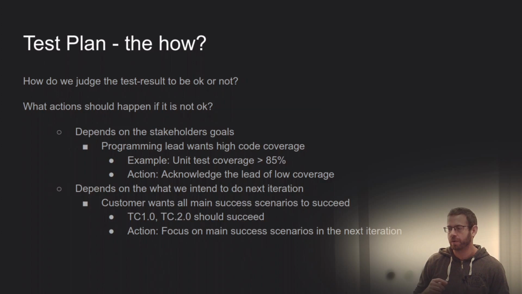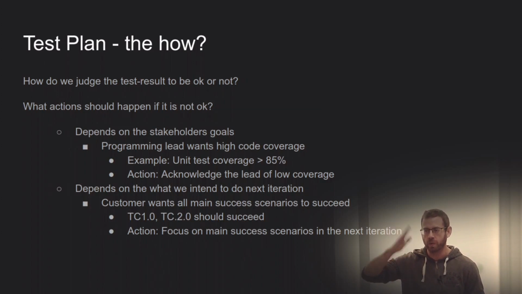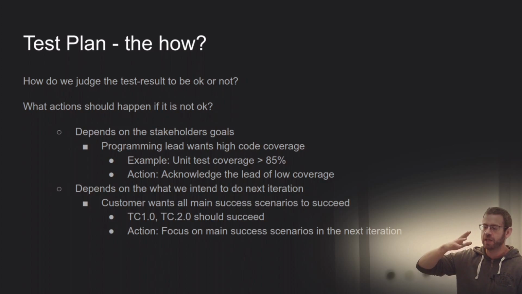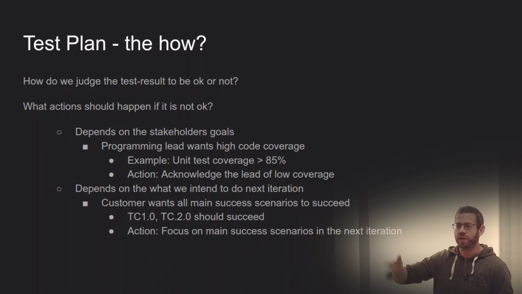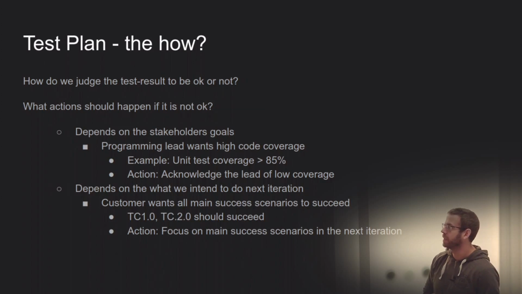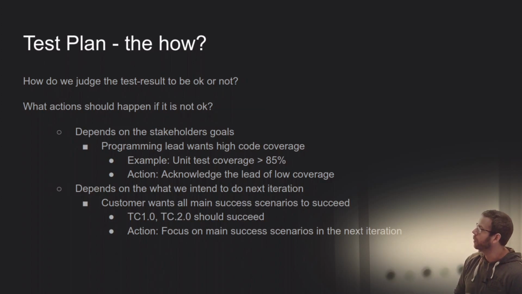If the stakeholders have high-set goals, perhaps there are lives at stake, then we are much stricter on how we interpret 95% of the tests succeeding. Then that's suddenly bad. If the most important test cases are succeeding and we have 95% of the tests succeeding, and it's not a life and death situation, we won't lose money right now, then we think that's fine.